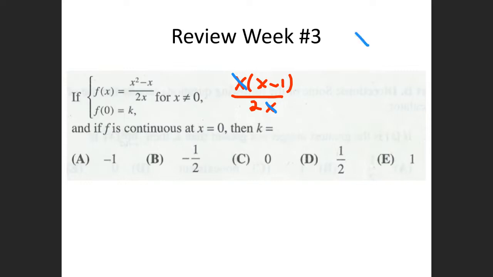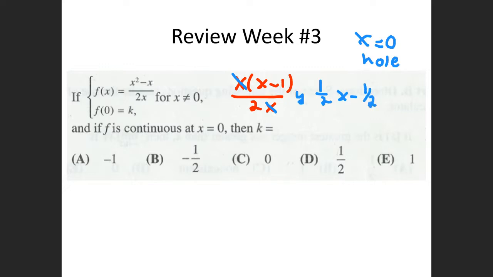Well, when x equals 0, this function is undefined, or now I know that because it was on top and bottom, I know that at x equals 0, there is a hole in my graph. Now, the rest of the graph is just x minus 1 over 2. Well, what is x minus 1 over 2? Can't I rewrite that as 1/2 x minus 1/2?